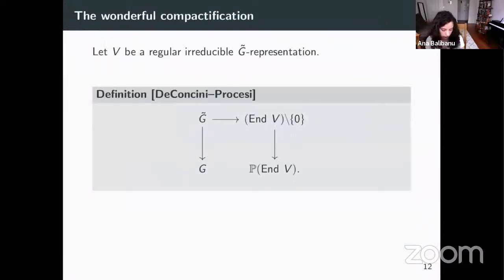So I pick a regular irreducible representation of G tilde. By regular, I mean that, if you remember, irreducible representations of G tilde are indexed by highest weights. And the highest weight of this one is supposed to live in the interior of the dominant Weyl chamber.